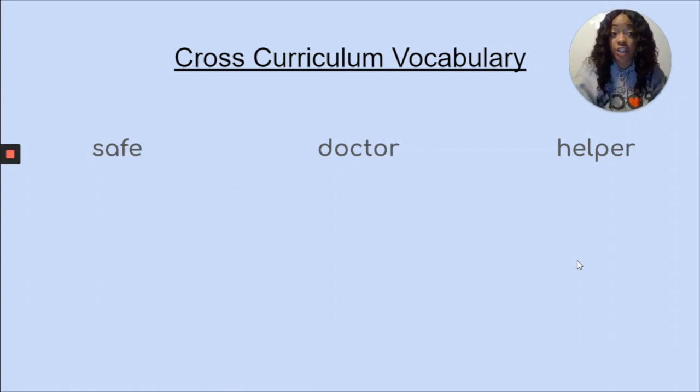Okay, friends, cross-curriculum vocabulary. Here we have 3 words that we are going to see in our text today, but they could possibly be found in another subject. So what subjects do we already do in school? We do language arts, we do math, we have science, and we have social science.